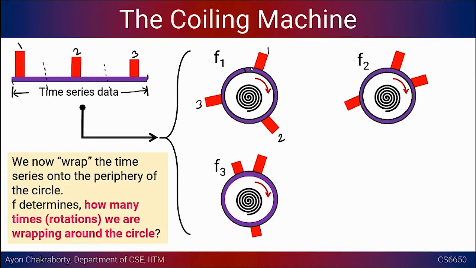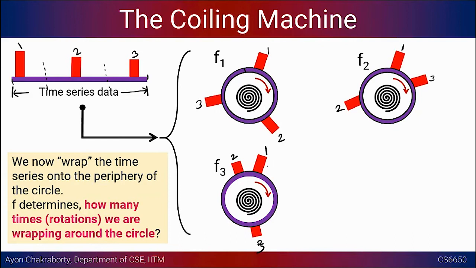Let's say in the case of F2, this is 1, then it is so stretched out that 2 comes here, and it surpasses 1 more time, and then 3 comes here. This is also possible. In the F3 case, let's say 1 is here, then there is a huge stretching, and 2 comes here, and then 3 comes here.